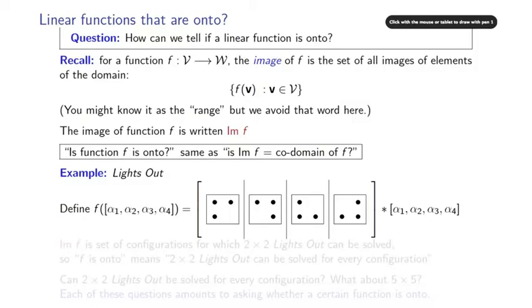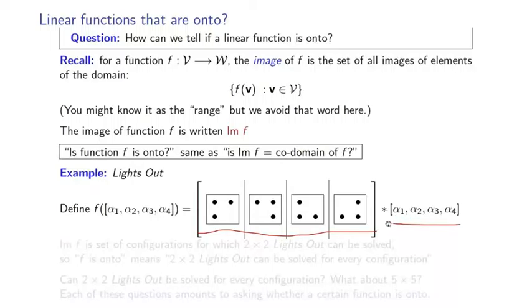We construct the matrix whose columns are the button vectors for 2 by 2 Lights Out. What happens when we multiply this matrix by a vector (alpha1, alpha2, alpha3, alpha4)? The result is the linear combination of the button vectors where the coefficients are alpha1, alpha2, alpha3, and alpha4. Now let's define a function f that maps a vector (alpha1, alpha2, alpha3, alpha4) to this matrix-vector product.